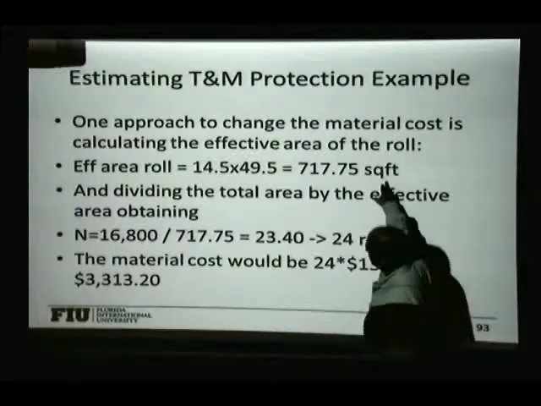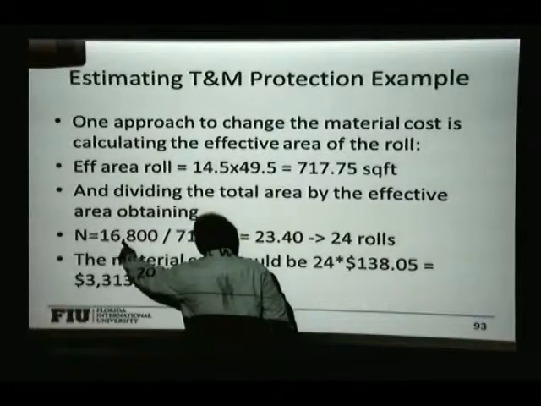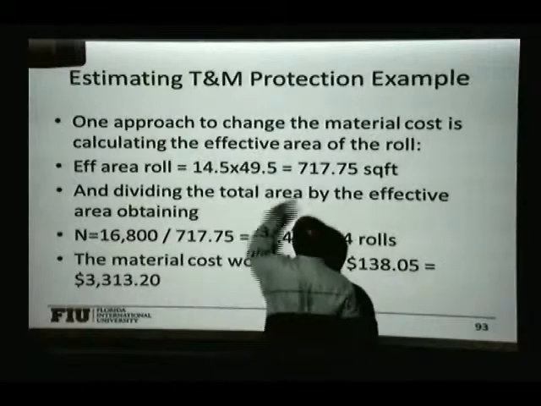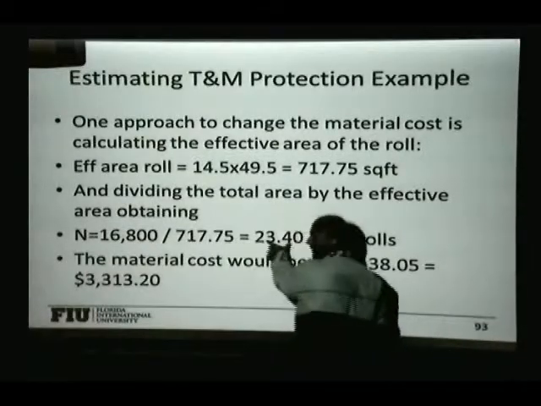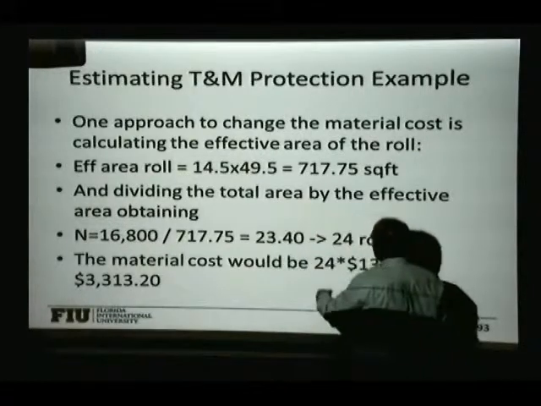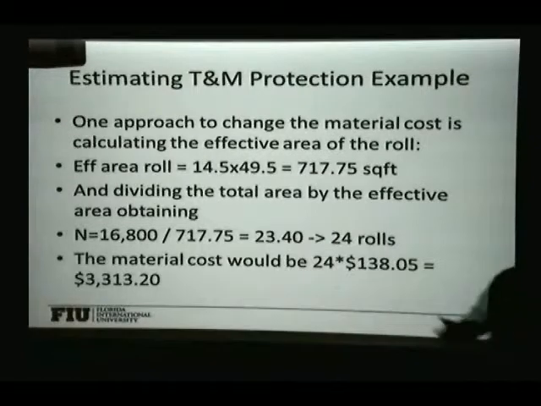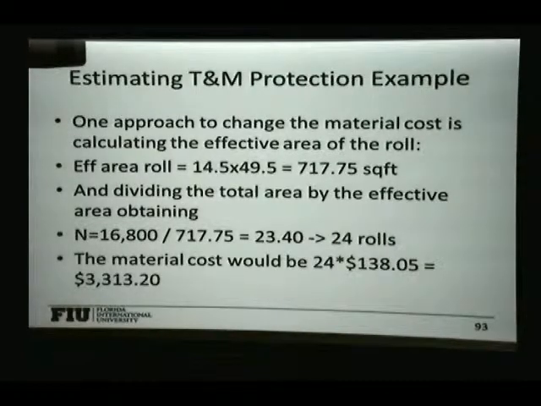717.75 square feet. So if you divide the area that you need to cover, 16,800, by this effective area for each roll, it gives you how many rolls you need to cover that area. So 23.4 is approximately 24. You can't go and buy 23.4 rolls. You buy 24 rolls.